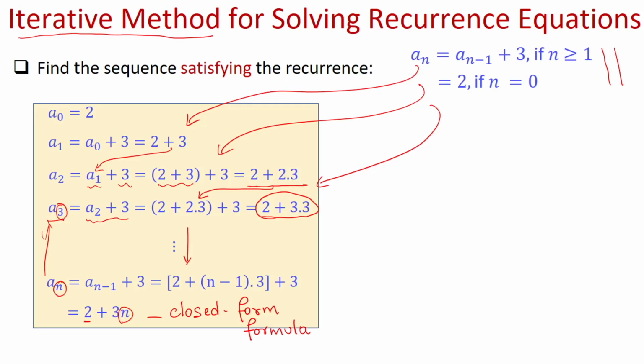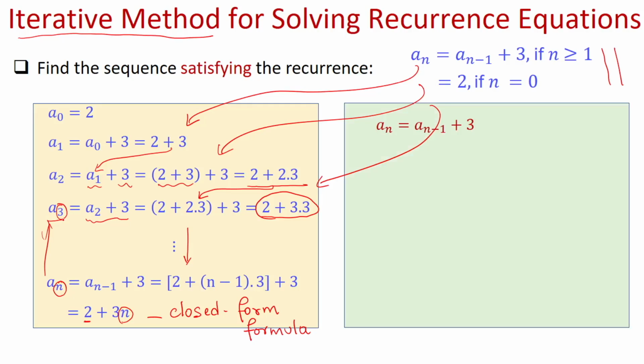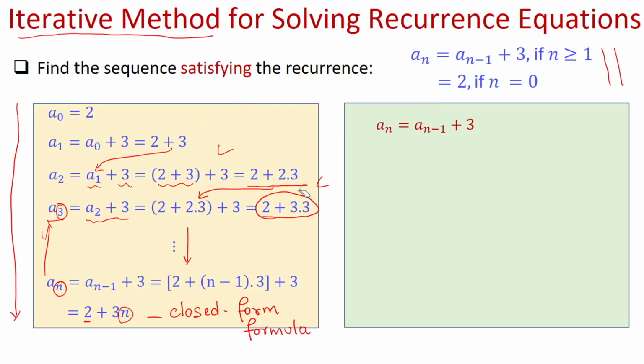I can get the same closed form formula as follows. Here what I did is I started with the initial condition and derived the nth term. I can do it in the reverse direction as well. I will say that, as per the recurrence condition, a_n is this. Then I apply the recurrence condition again on a_{n-1}.